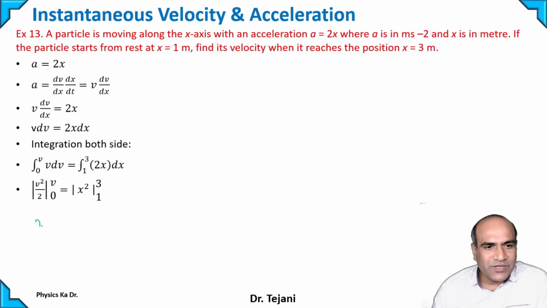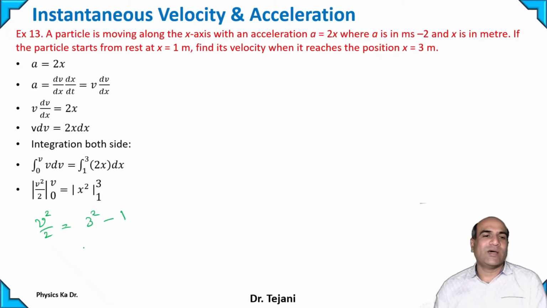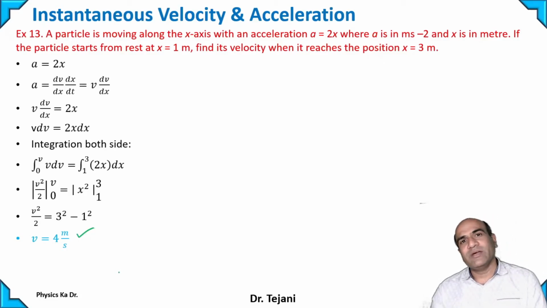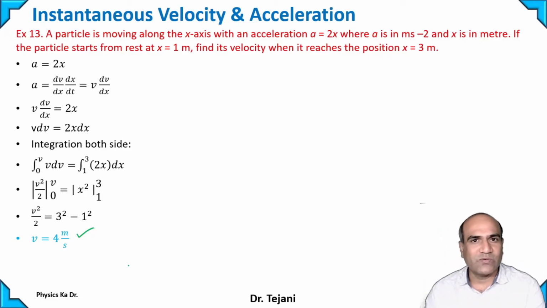So put here v squared by 2 is equal to 3 square minus 1. The answer is v is equal to 4 meter per second.